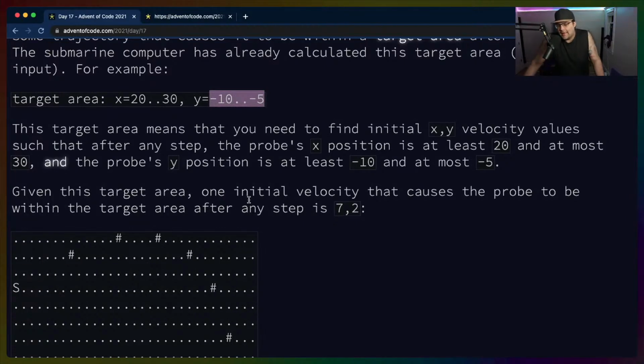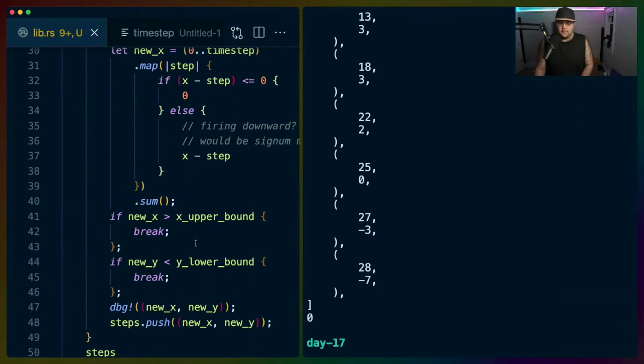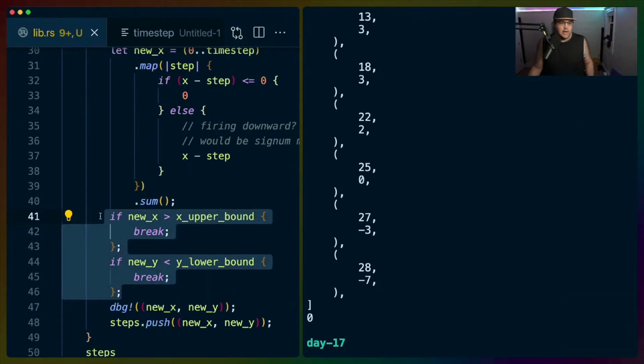So what's the bound on X, or on Y? If X is less than min target X and Y is less than target Y? Yeah, we already did that though. You're talking about this break, right?